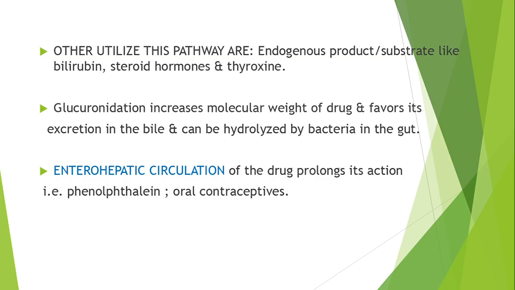Glucuronidation increases the molecular weight of the drug and favors its excretion in the bile, where it can be hydrolyzed by bacteria in the gut. Then enterohepatic circulation of the drug prolongs its action. For example, phenolphthalein and oral contraceptives undergo enterohepatic circulation.